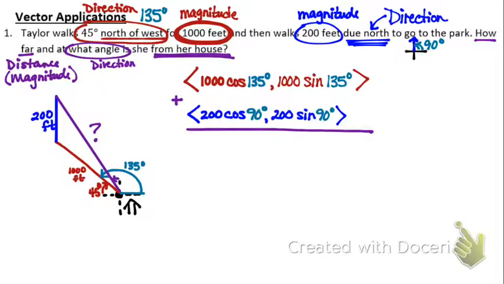I'm curious, though, as we do this, do you know what the cosine of 90 degrees is? 0, right? So this is really 200 times 0, which means that's just 0.